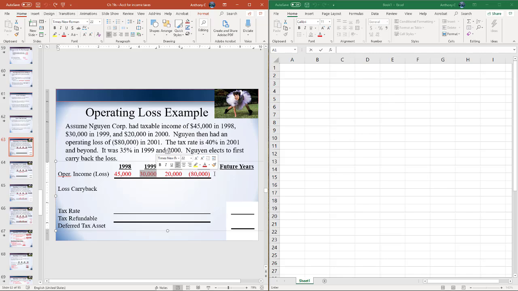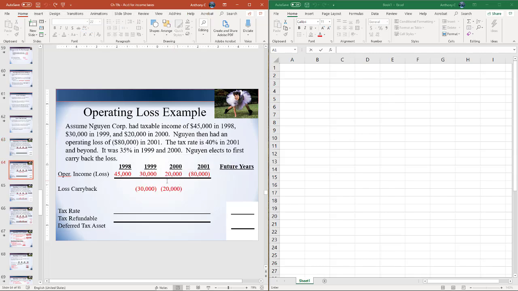If there's any loss remaining, it can carry that loss forward into the next year for $20,000. Right, so pretty much, since they're carrying back this loss of $80,000, they're going to get a refund of the taxes they paid in 1999 and 2000.